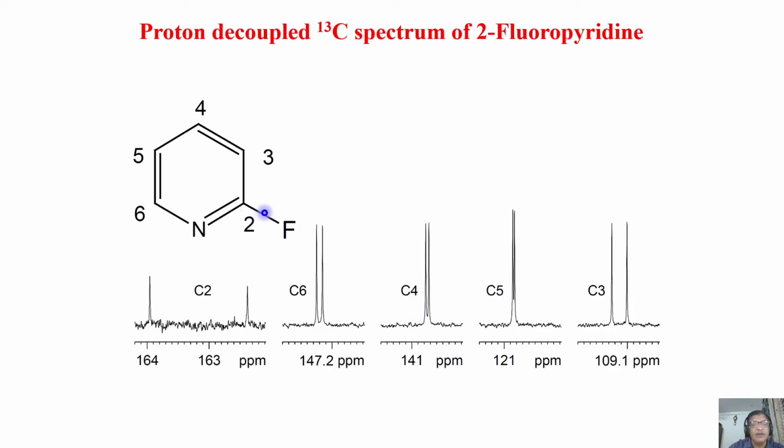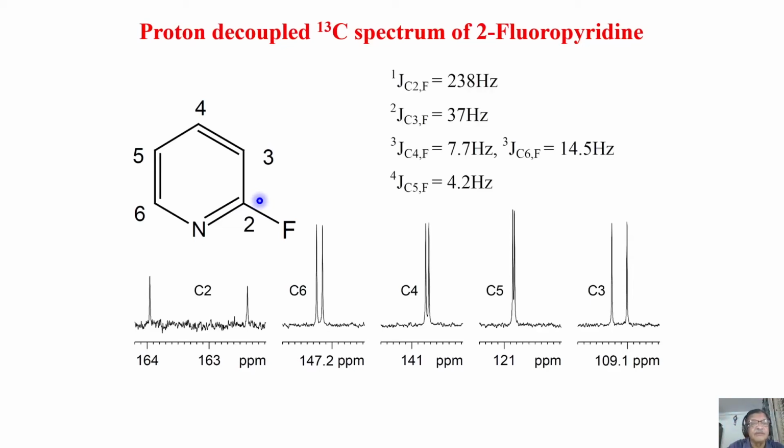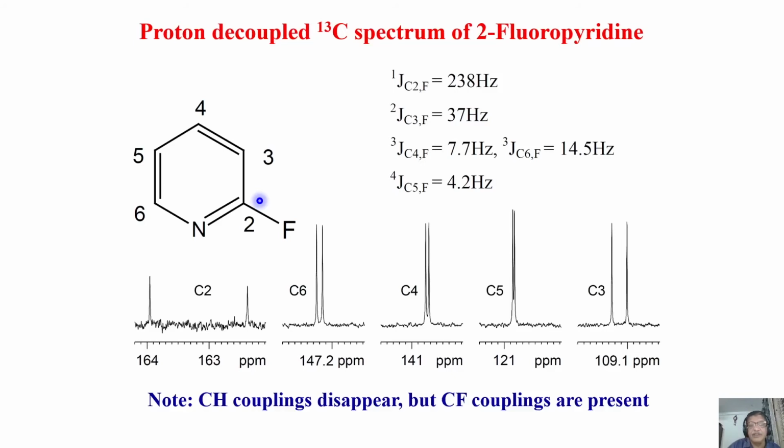This is 1, 2, 3, 4 bonds away. So all the carbons, based on the strength of the coupling, you can make the assignments. Very easy in this case. In the proton decoupled carbon-13 spectrum of this, based on the coupling strengths of the heteronuclei between carbon and fluorine, all carbons can be assigned. We don't need to worry about the proton coupling at all in this example.